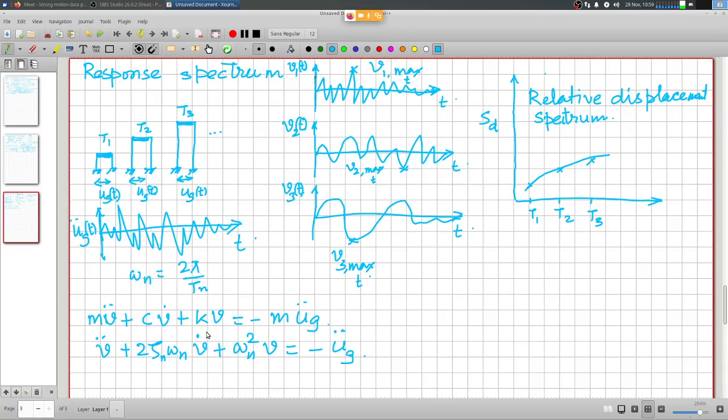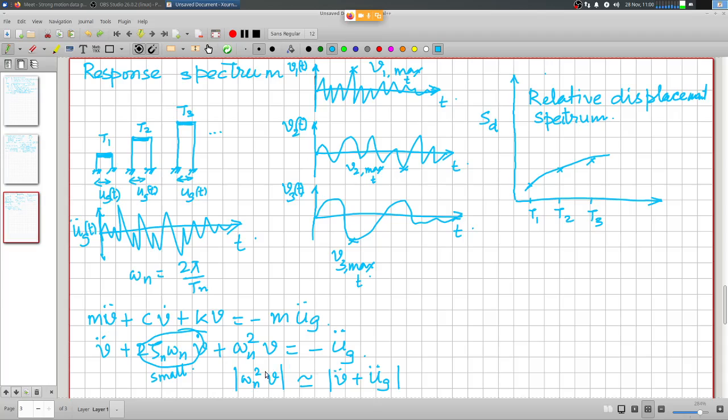Now as I told you earlier, this term is very small. So essentially what we are dealing with here is omega n squared V is approximately equal to the ground acceleration plus the relative acceleration, if I take the absolute value, right?